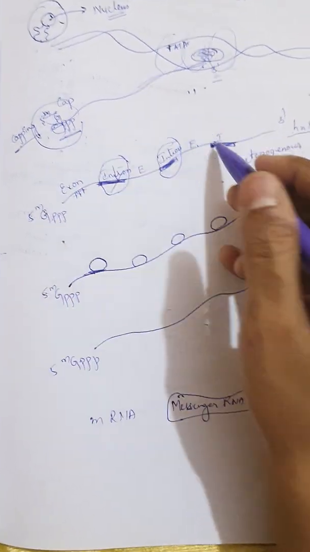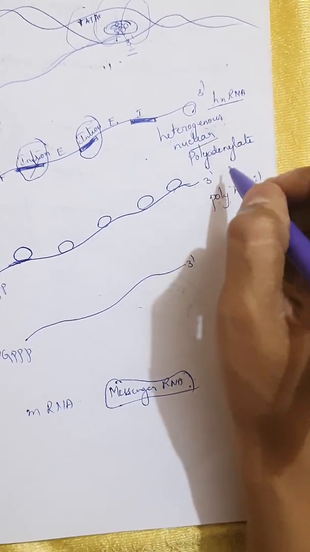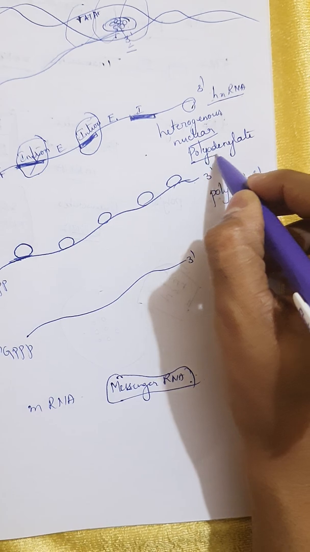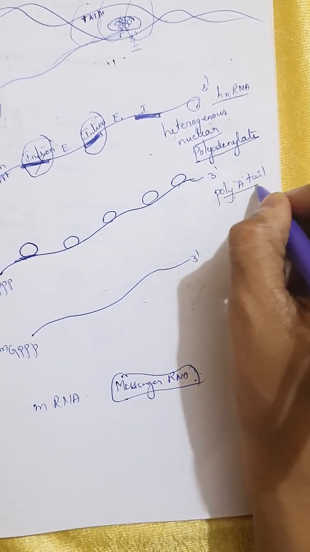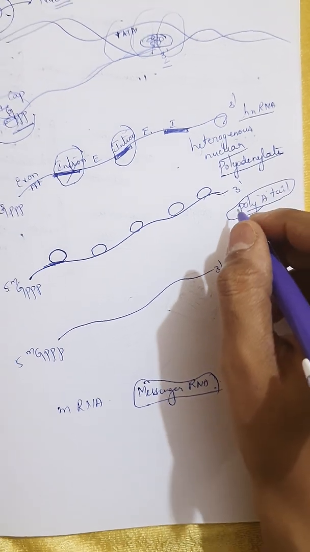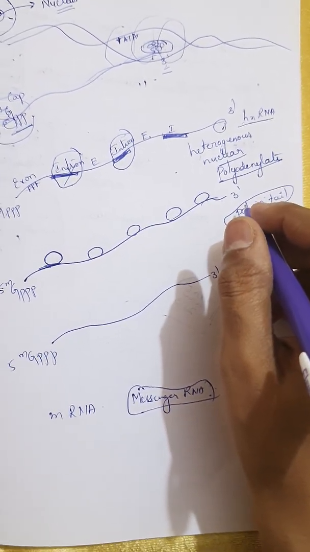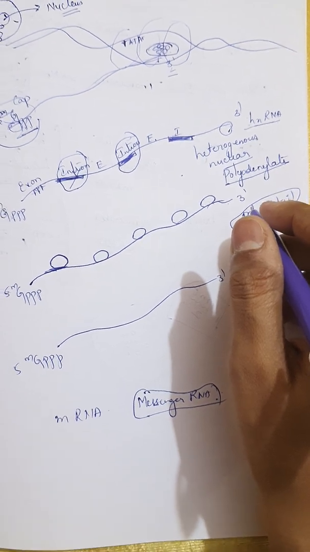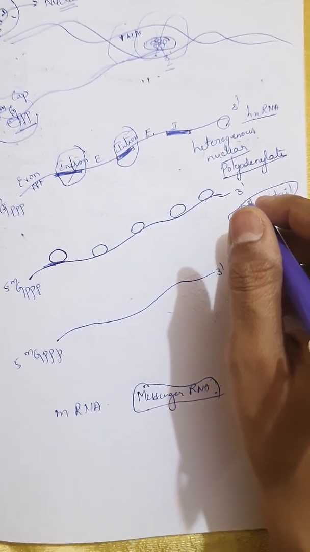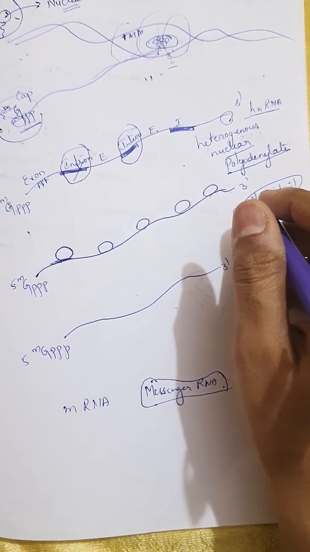And in the tail region also, polyadenylate, a poly A tail, will be added. Almost 200 to 300 adenylates are added at the 3' end in a template independent manner. So the fully processed hnRNA is now called an mRNA. It is transported out of the nucleus for translation.